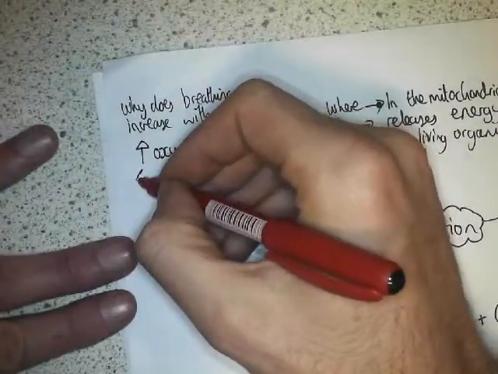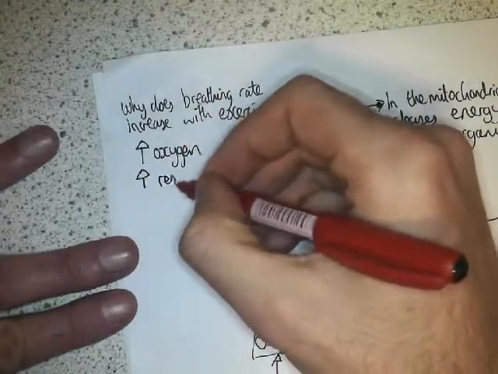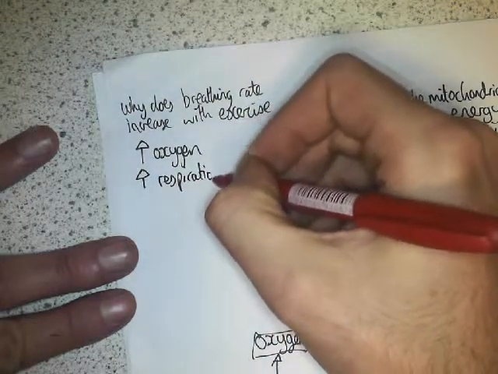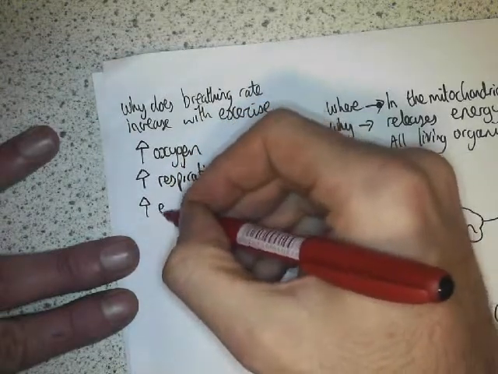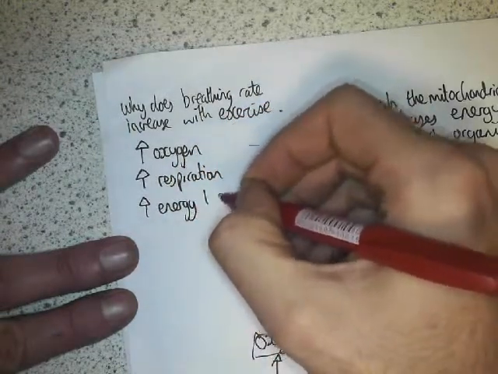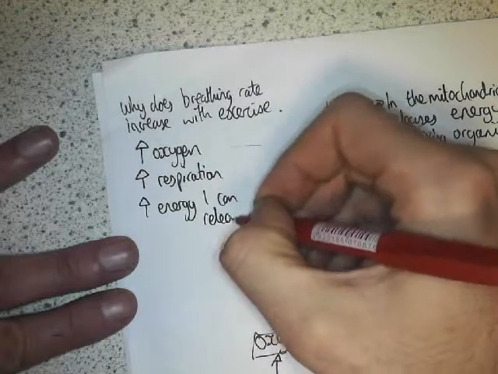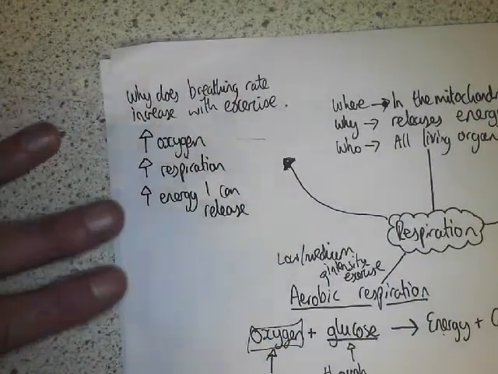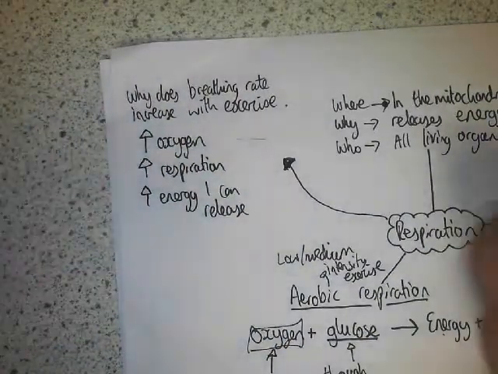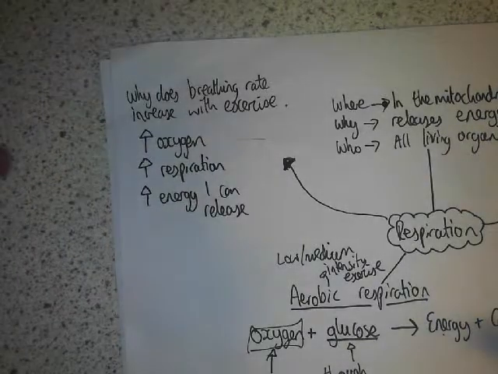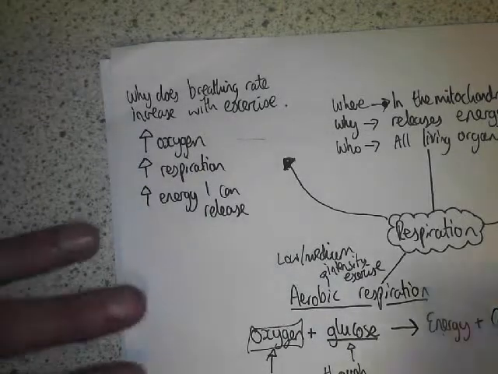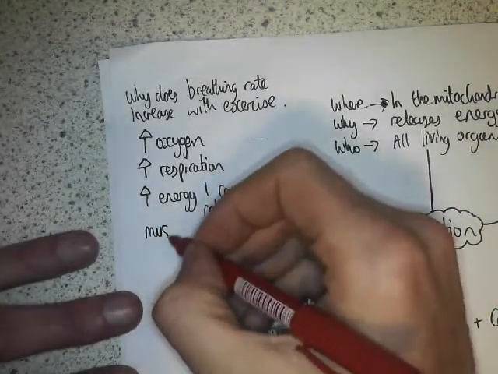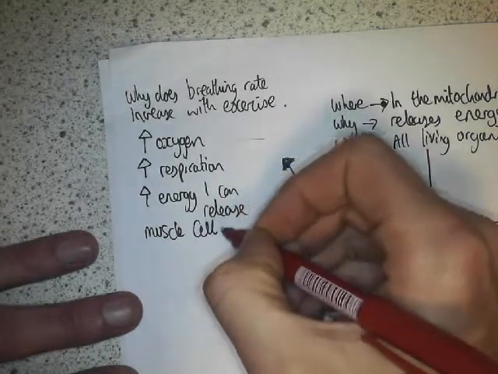So increase in oxygen means an increase in respiration, which therefore means I've got an increase in energy I can release. So when I'm exercising, my heart rate, my breathing rate goes up, so I can get more oxygen, so I can do more respiration, so I can release more energy to meet with my demands of my muscles. And this usually takes place in the muscle cells that are exercising, of course.